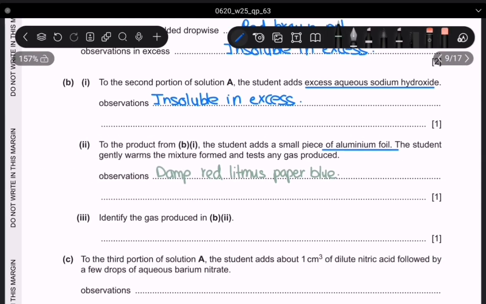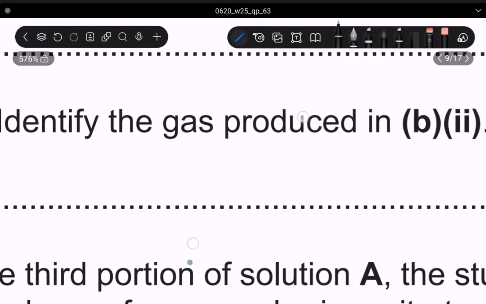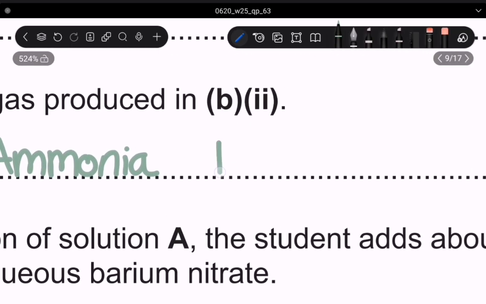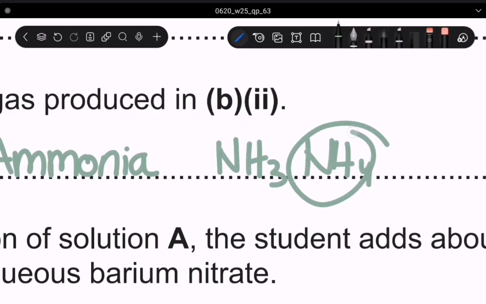This is the observation you will get. Now we need to identify the gas, which is ammonia gas. Ammonia, not ammonium. You need to know the difference: ammonia is NH3, ammonium is NH4. Totally two different things.